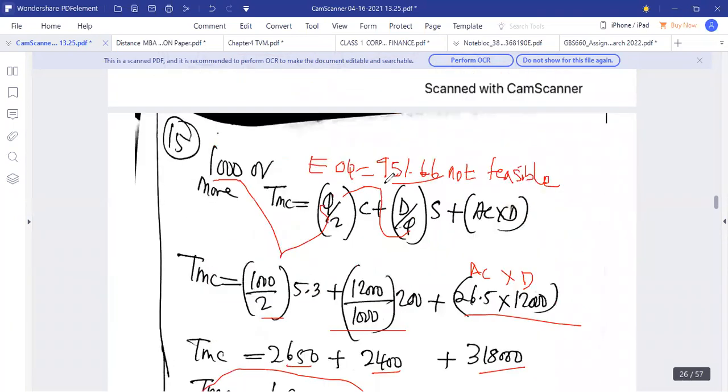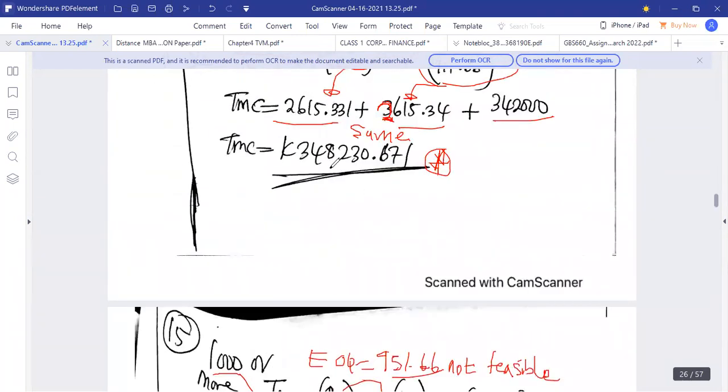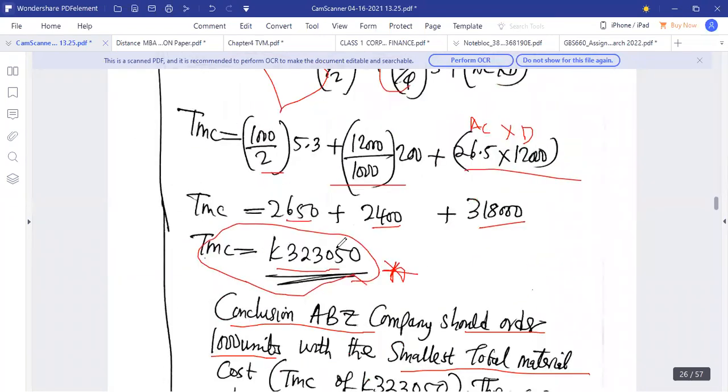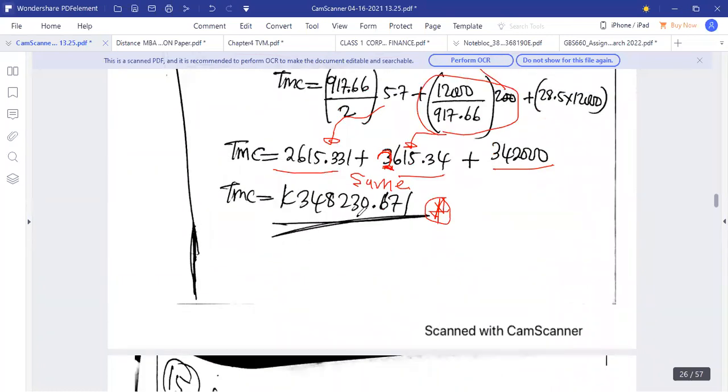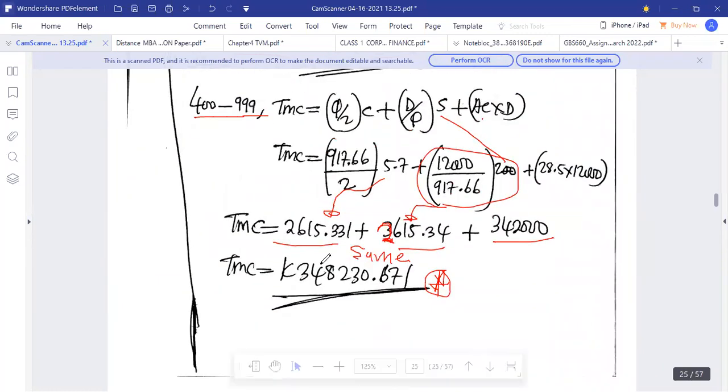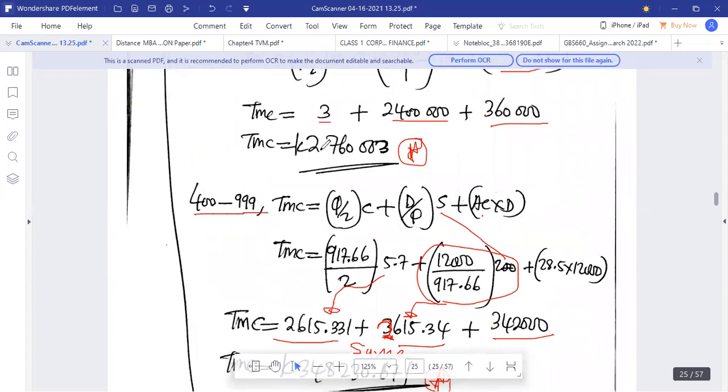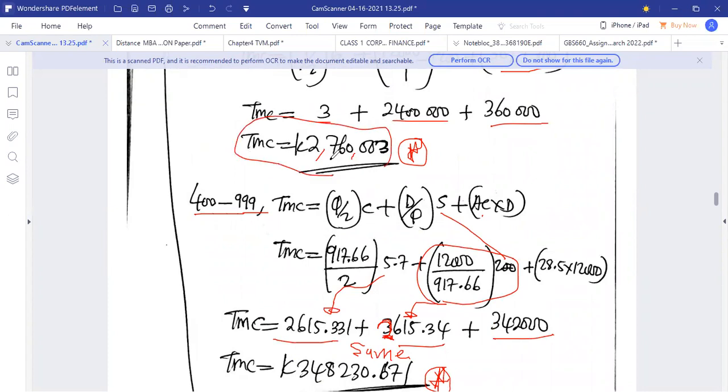Then you get to the other one. The other one is 348. This one is 323,050. Then the other one is 348,230.671. And then this other one is 2,076,003. This one is 2 million.